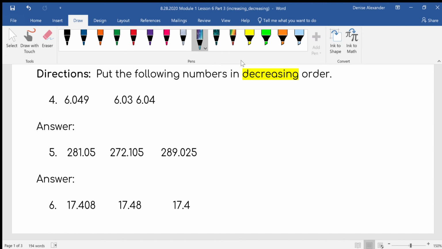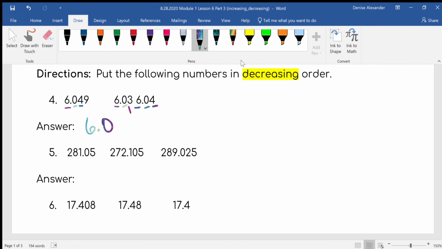Here we go. Again, I have 6, 6, 6. So I'm just going to go ahead and write my 6 first because I know one of them's going first. Look at this. I have a 0, a 0, and a 0. There we go. I have a 4 and I have a 4. Oh, look, this 3 is smaller than both of them, so it will be last.